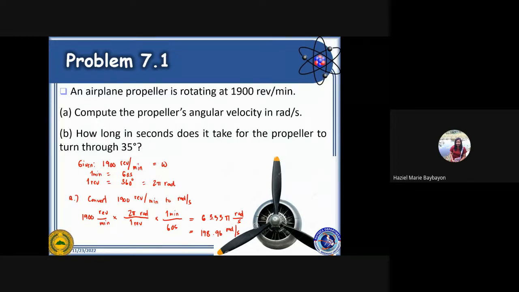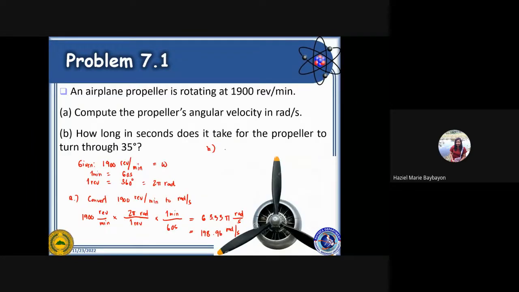All right. Now, how long in seconds does it take for the propeller to turn through 35 degrees? How long in seconds? Okay, so for this, we will be using this equation, katong kinematics equations.